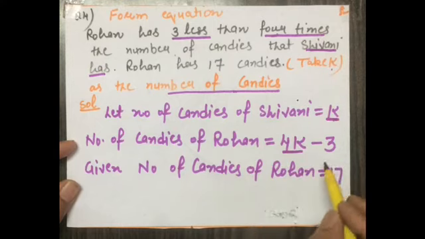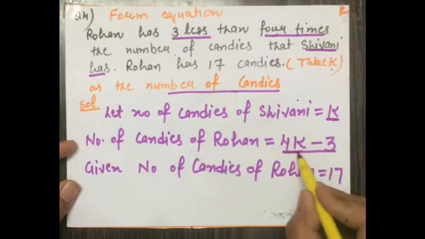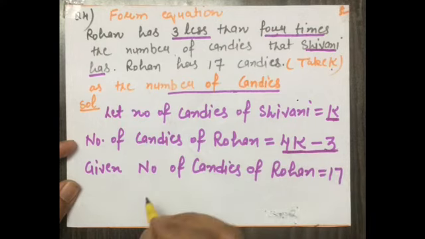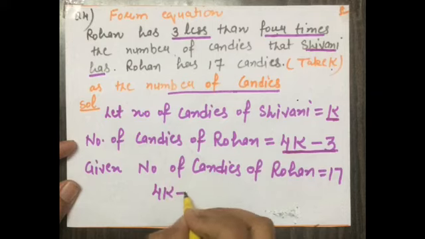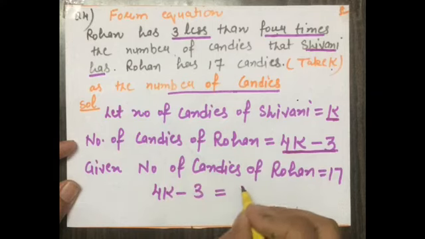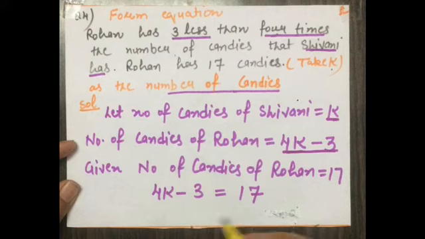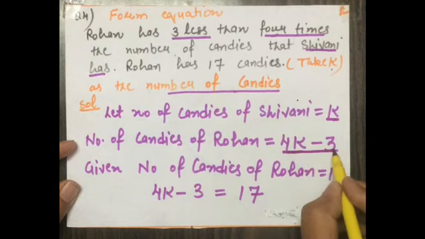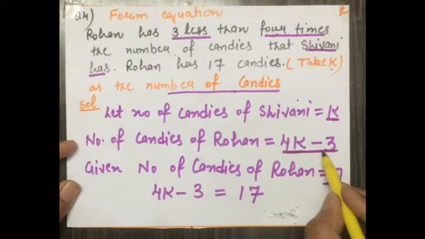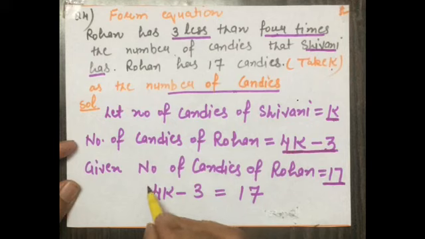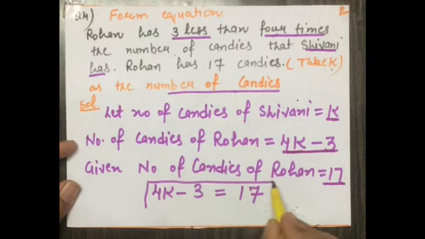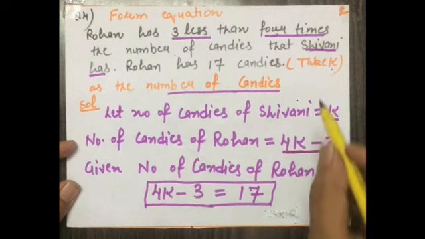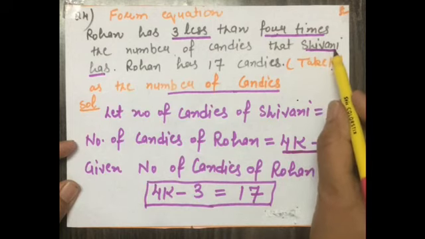So the equation can be framed as 4k minus 3 is equal to 17, as these are the candies of Rohan and these are also the candies of Rohan. These two numbers will be equal. That is the equation. We have framed a linear equation using the given statement.